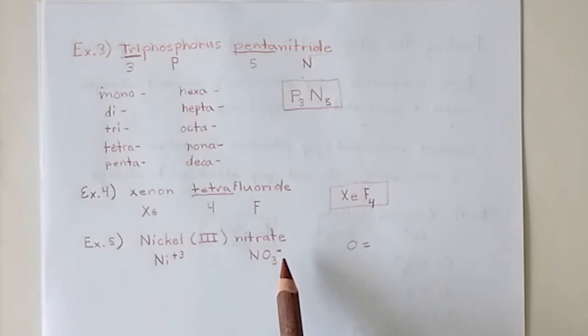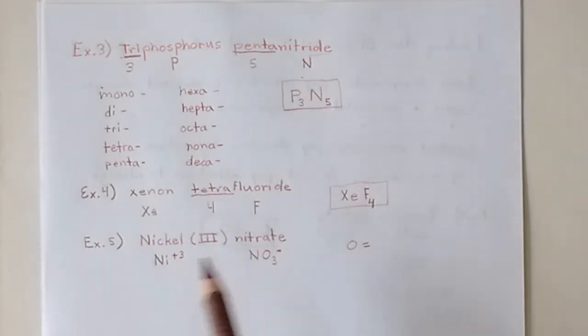So here we have to find the least common multiple between 3 and 1, and we know that it will be 3, meaning that 3 can be divided equally for 3 and 1. So we know that in the end, we have to have a 0 charge.